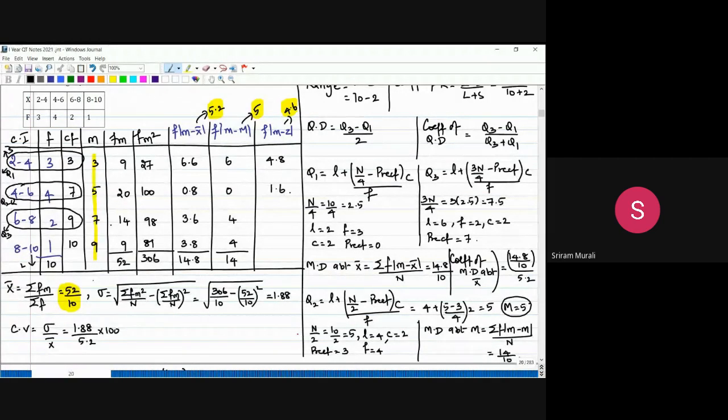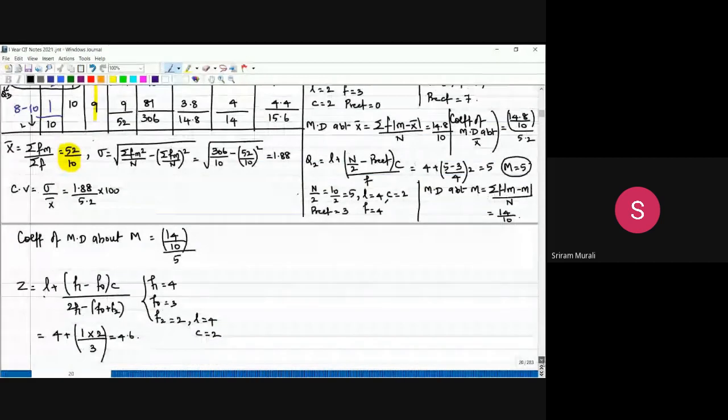Am I right? 7 minus 4.6 into 2, 4.8. 9 minus 4.6 into 1, 4.4. So just add this, you will get 15.6.